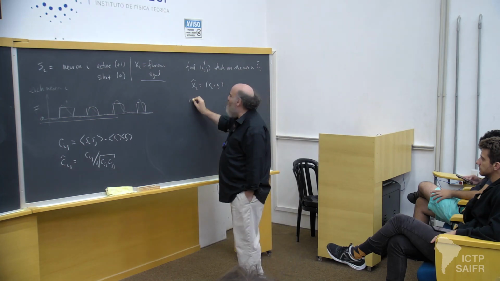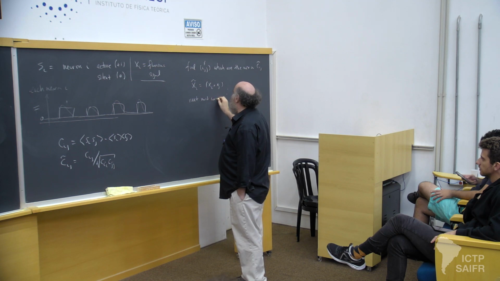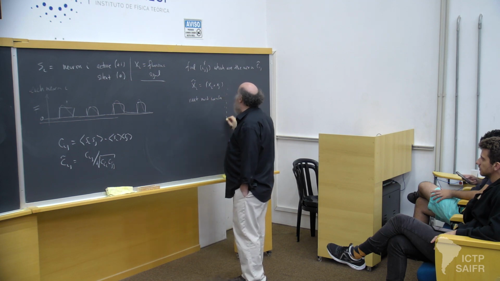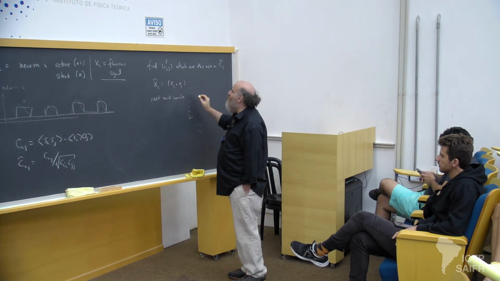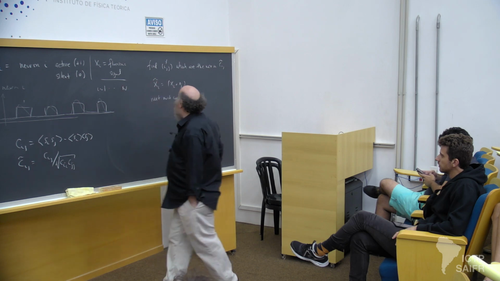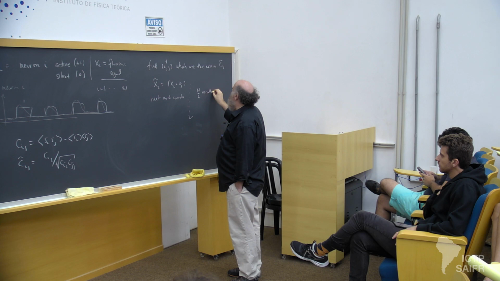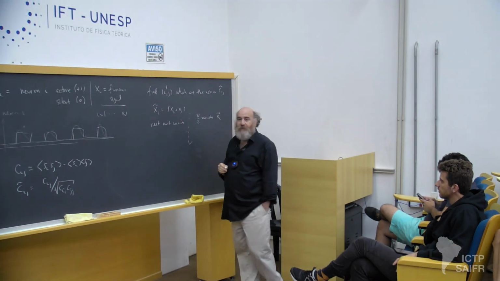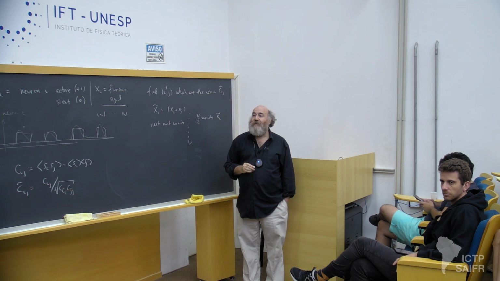Then find the next most correlated. And when you're done, if you started with n variables, I now have n over 2 variables, xi tilde. Right?